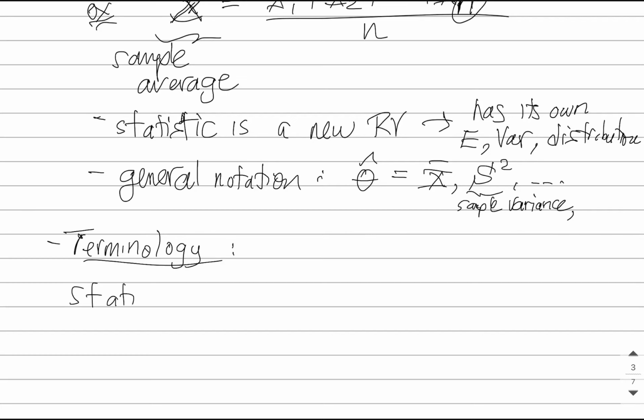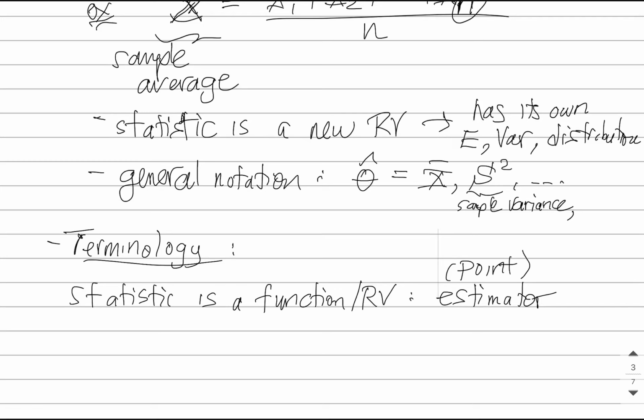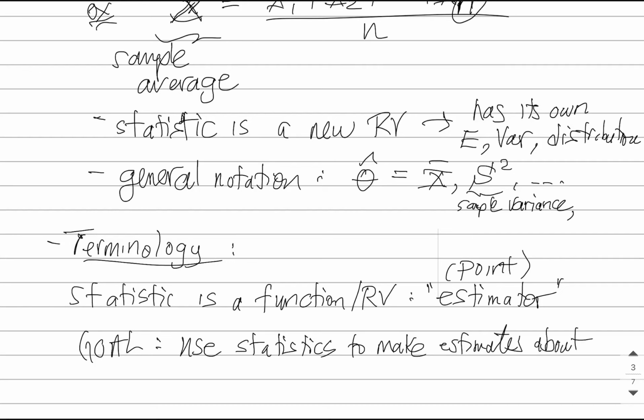The statistic is a mathematical function, or you can think of it as a random variable. It's called an estimator. And sometimes they also like to call it a point estimator. Its job is to make estimates about population parameters. So we are going to use statistics to make estimates about population parameters.